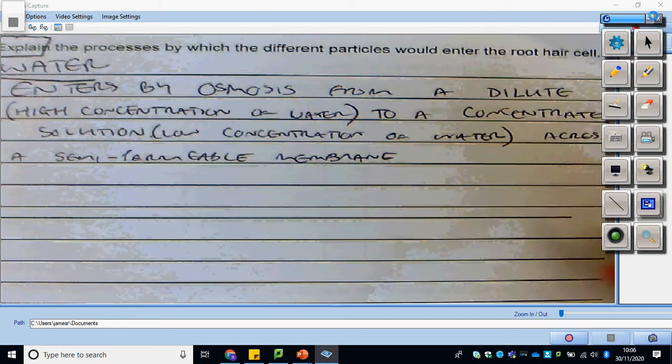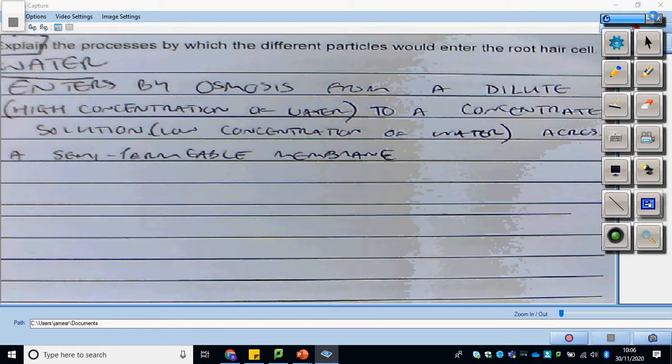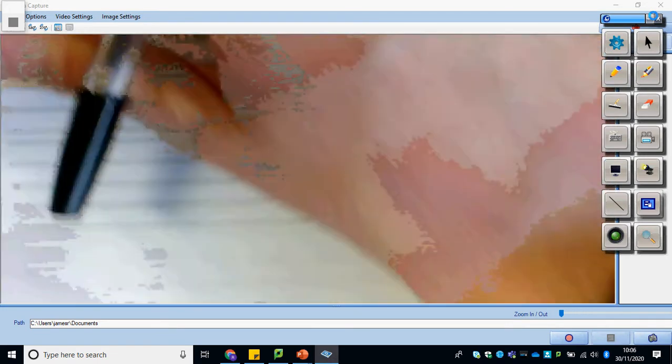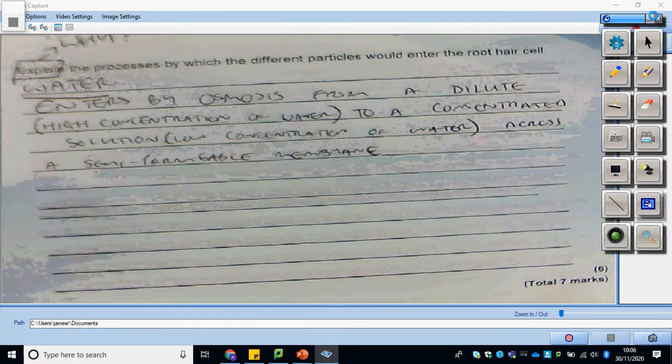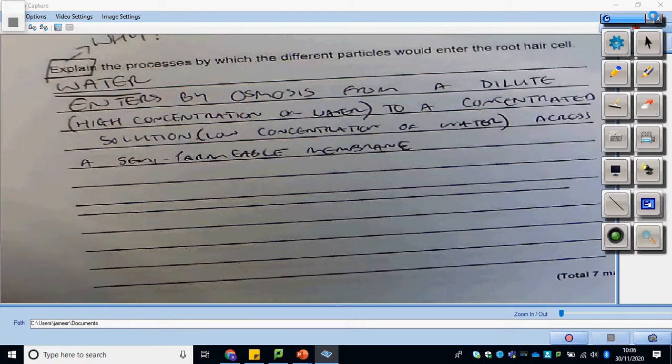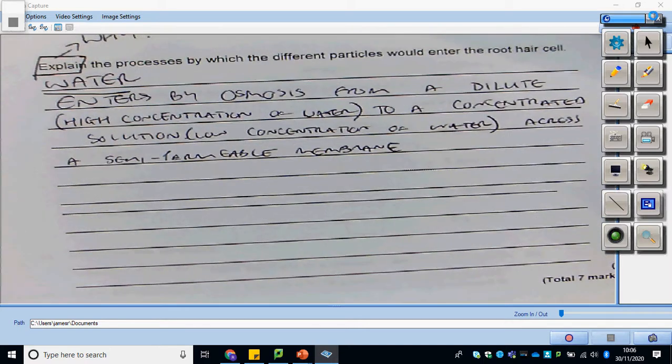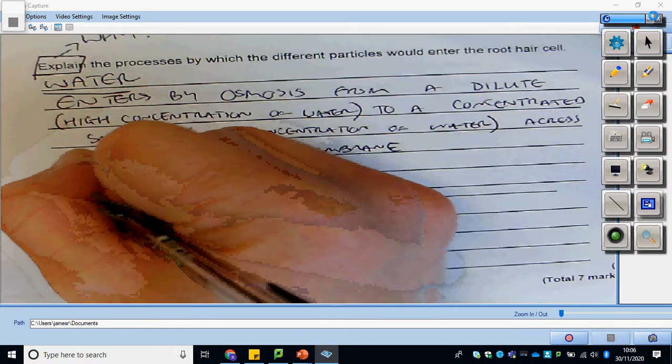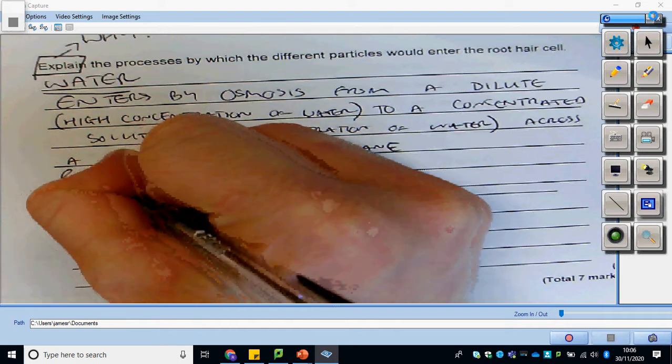So really all I need to do there is know the definition of osmosis, and once I know the definition of osmosis I'm able to answer this question and just state that the water is moving for that reason.